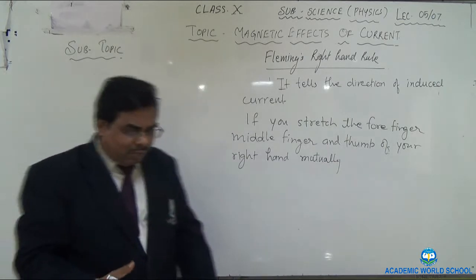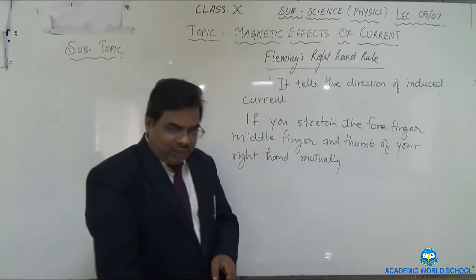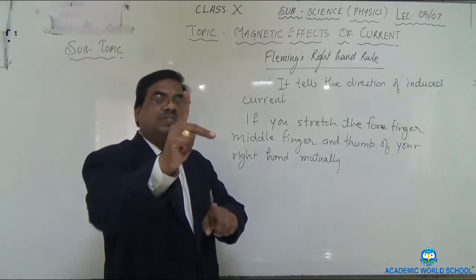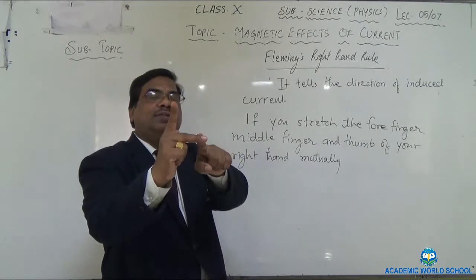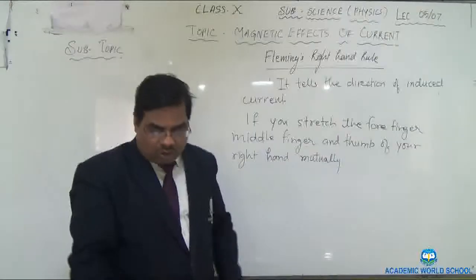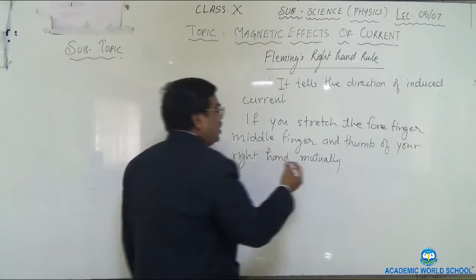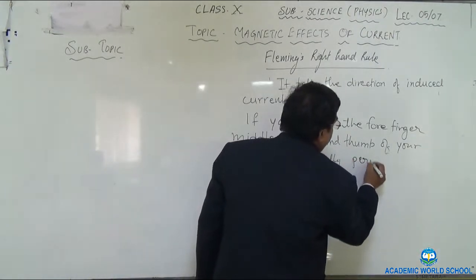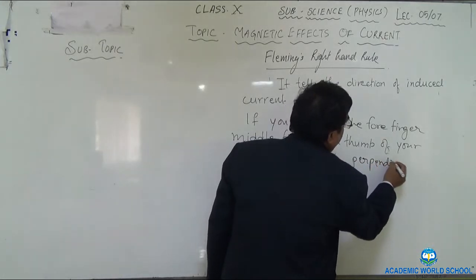Mutually perpendicular means perpendicular to each one. So if you see, this is perpendicular to this, this is perpendicular to this, and these two also. All of them are perpendicular to one another, mutually perpendicular.